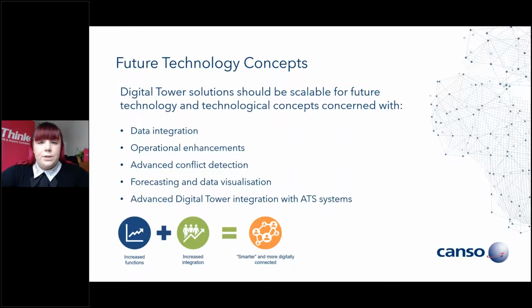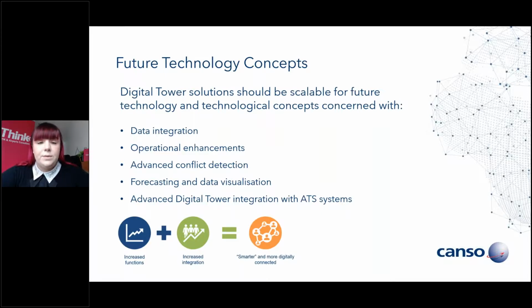As we all know, technology and technology concepts are continuously evolving and becoming more complex. Therefore, it is crucial for digital towers to be scalable in order to adapt to those changes. Such advanced technology and technology concepts that are still in their development stage are thought to be of great importance when deployed in challenging operational environments.